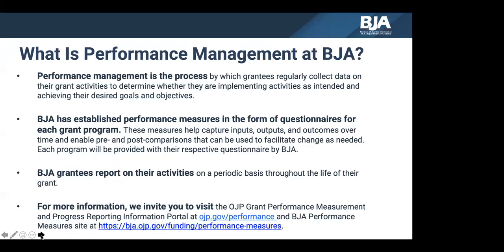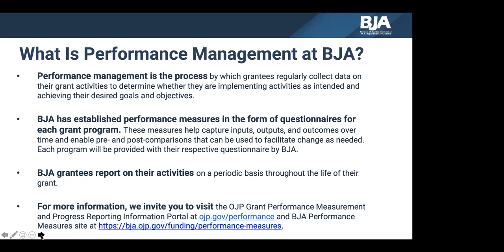Performance management is a process by which grantees regularly collect data on their grant activities to determine whether they are implementing activities as intended and achieving their desired goals and objectives. Using performance measures that capture inputs, outputs, and outcomes over time enables pre- and post-comparisons that can be used to assess change.